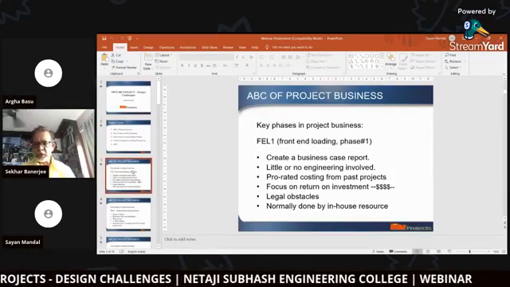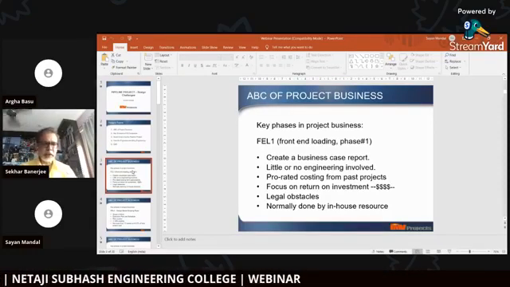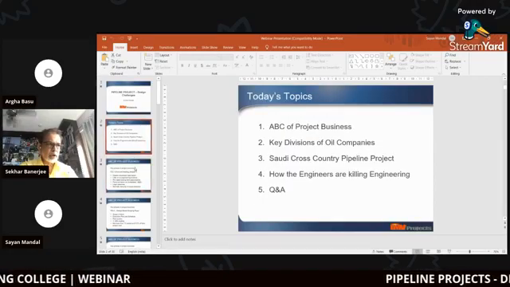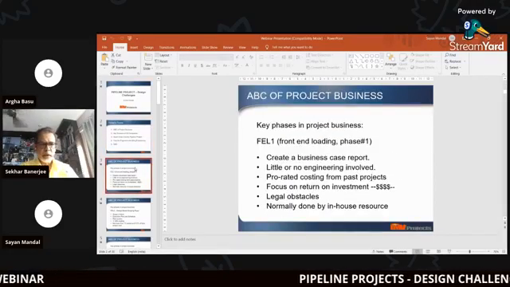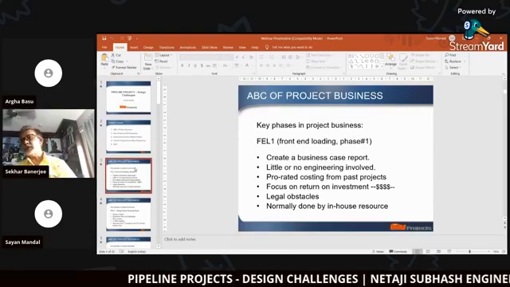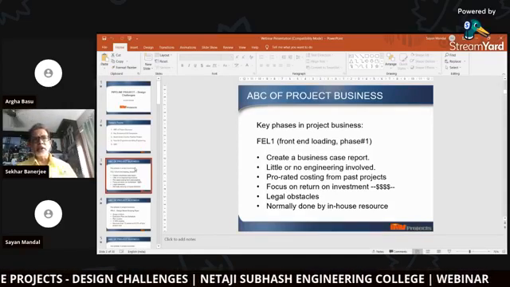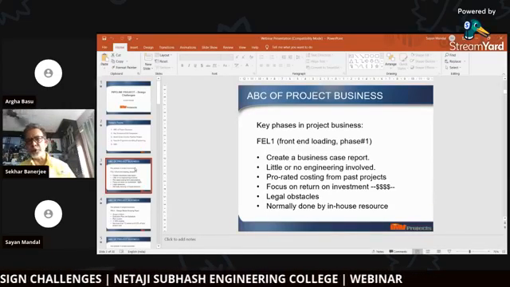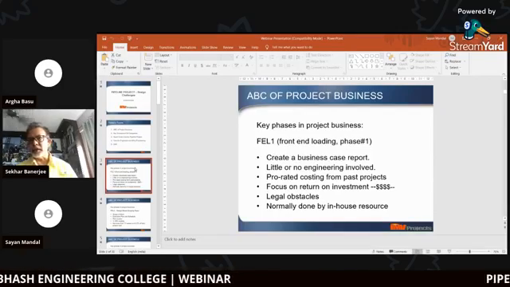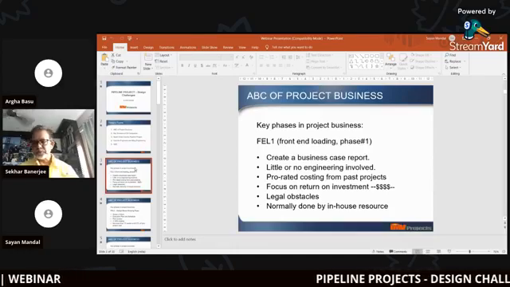The key phases of project business. Well, there is a slide before that. One second. Yeah. The key phases of project business. Now, how a project is conceptualized. Let's imagine that our chief minister talks to the railway board and says that she likes to extend the metro railway across Kolkata.